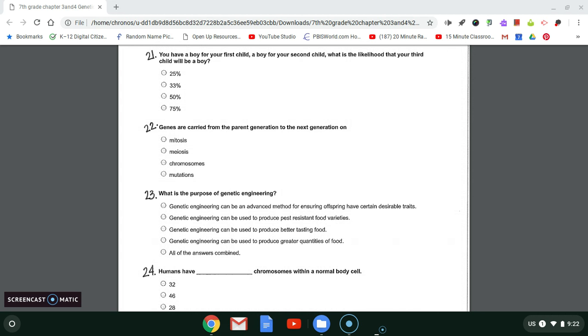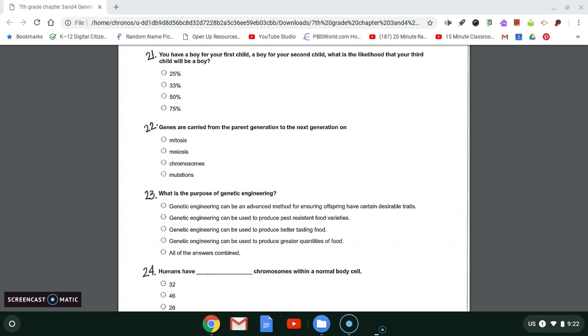You have a boy for your first child, a boy for your second child. What is the likelihood that your third child will be a boy? 25%, 33%, 50%, or 75%? A Punnett square might work for this one too.